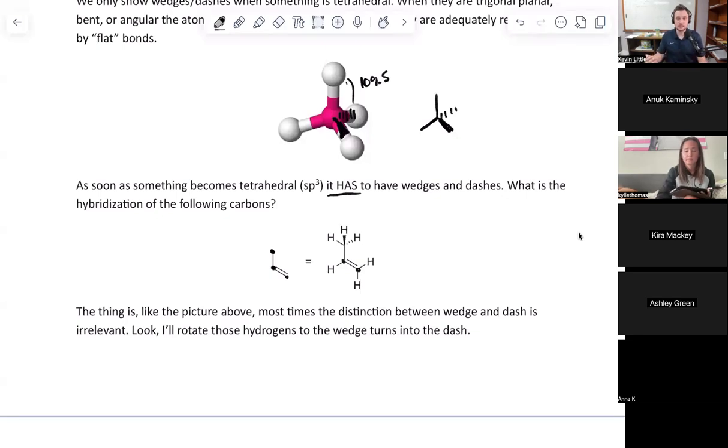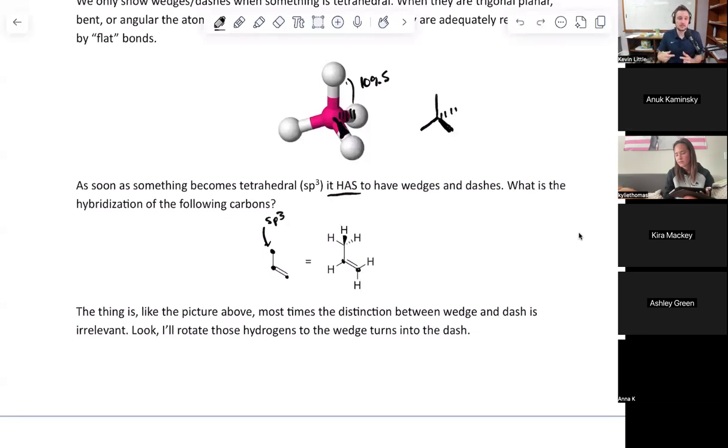They have no need to go into that third dimension. We can draw them flat on a page of paper. But this sp3 carbon has wedges and dashes. It has to, because that's how it orients itself in space, right? So if I drew out every hydrogen, technically there'd be one hydrogen on a wedge, one hydrogen on a dash, and one flat hydrogen.